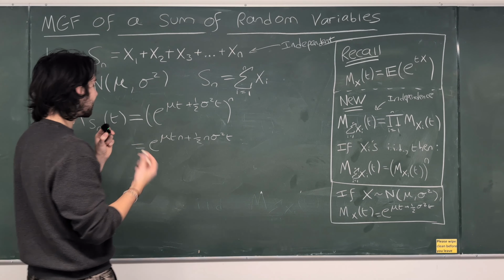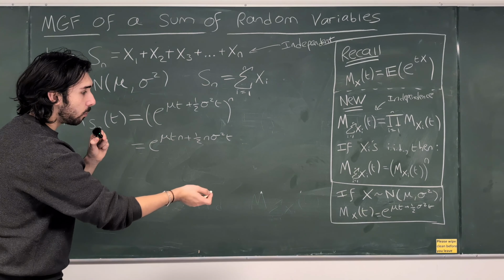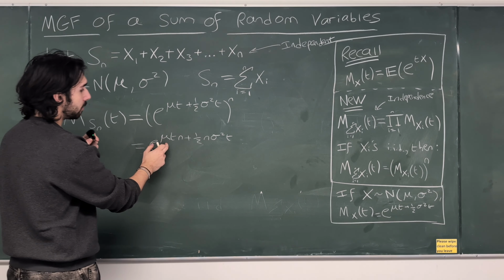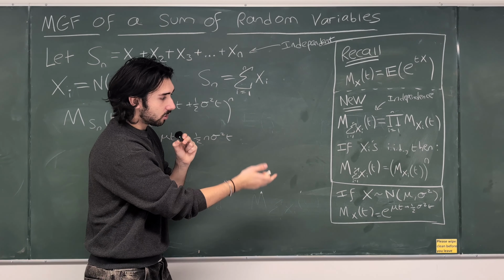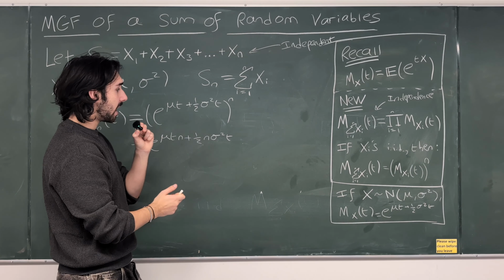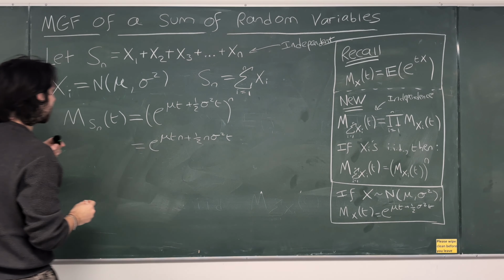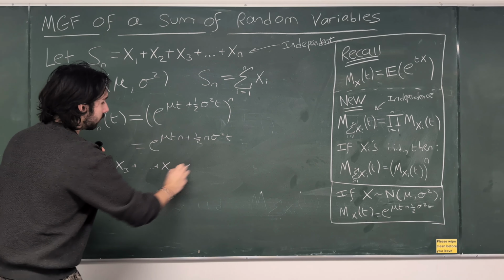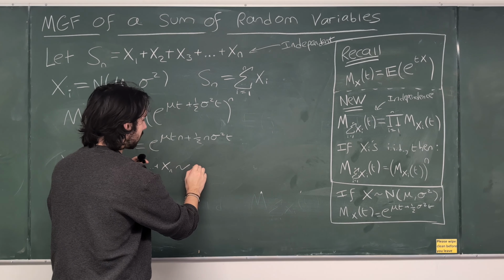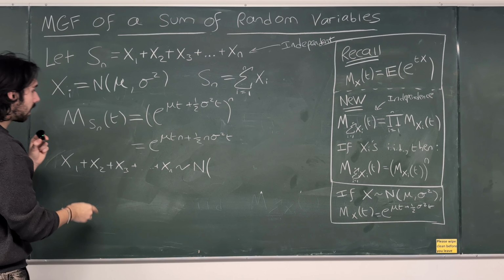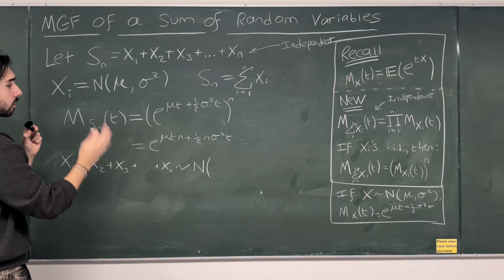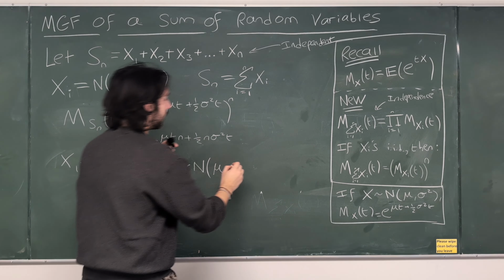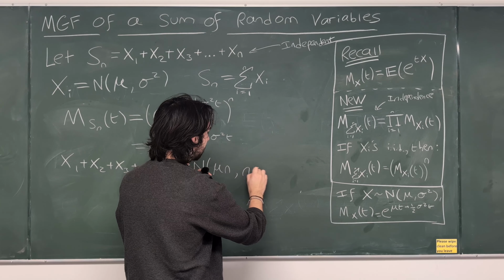So this is actually the same as the moment generating function for a typical normal random variable, but instead of the mean being mu, it's mu n. And instead of the variance being sigma squared, it's sigma squared n. So what it tells me is that if I have n IID normal random variables, the distribution of this is still normal, but the mean, I'm assuming the mean is just mu originally, the new mean is mu times n, and the new variance is sigma squared times n, so n sigma squared.